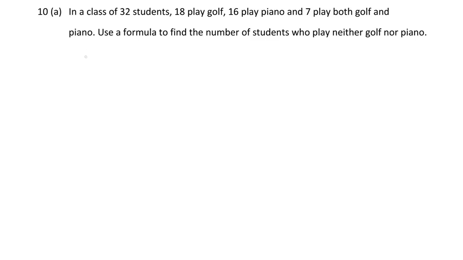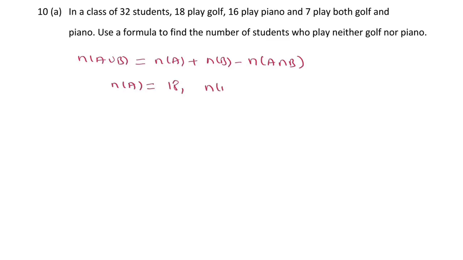Let us consider the following formula, which says number of A union B equals number of A plus number of B minus number of A intersection B. From the given information, those who play golf are represented by number of A, which equals 18, and those who play piano are represented by number of B, which equals 16.